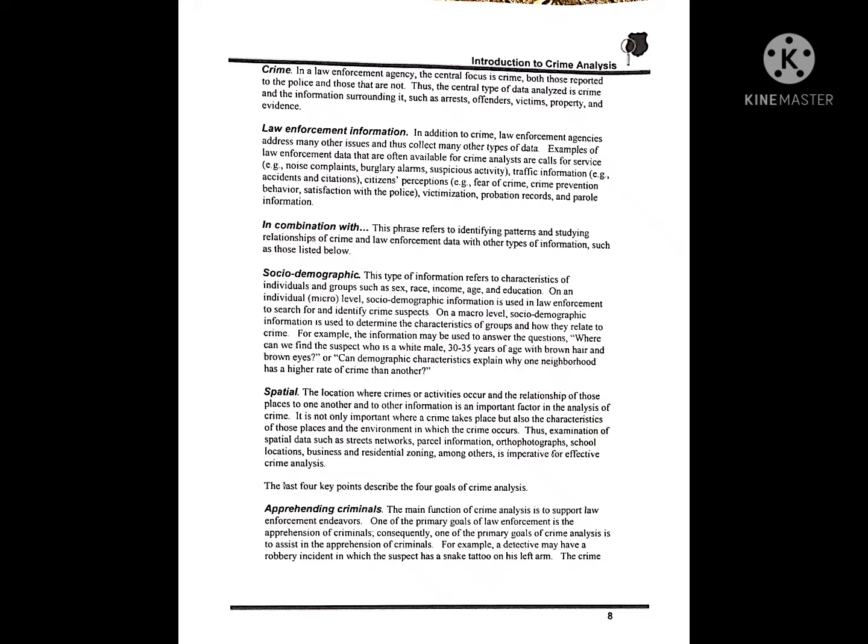So this type of information refers to characteristic of individuals and groups such as sex, race, income, age, and education. On an individual level, socio-demographic information is used in law enforcement to search for and identify crime suspects. On a macro level, socio-demographic information is used to determine the characteristics of groups and how they relate to crime.